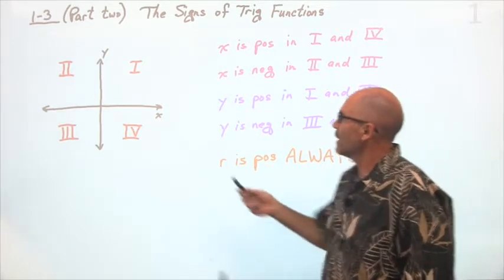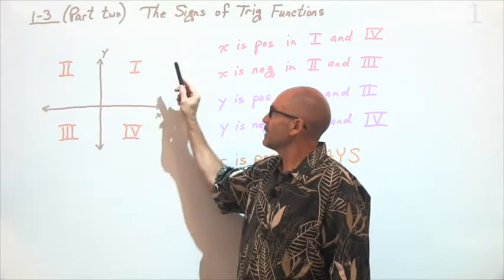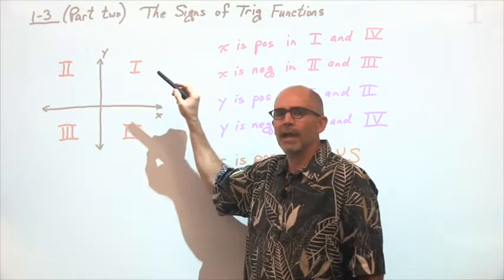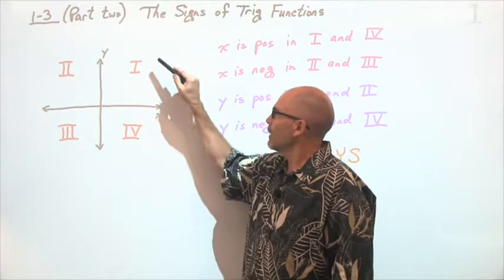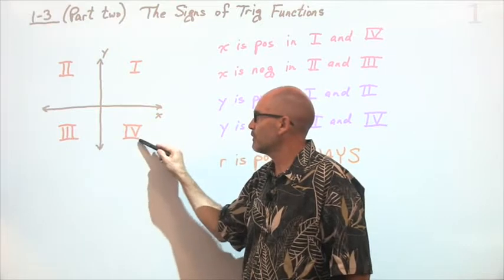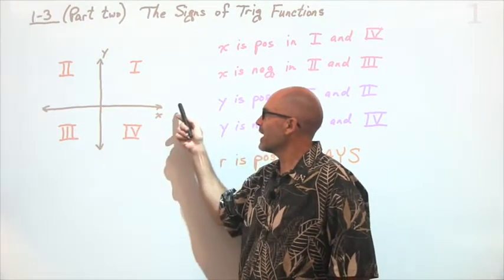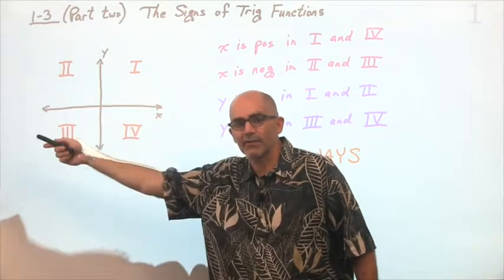Okay, so first of all, let's look at our xy coordinate system. And as you remember from Algebra 1, we have quadrant 1, quadrant 2, quadrant 3, and quadrant 4. X is positive when you go right, and it's negative when you go left.